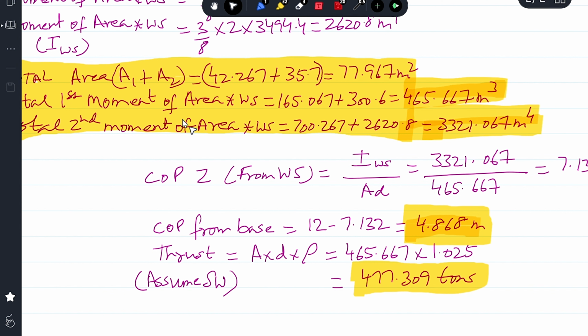So first moment of area about water surface is nothing but A into D, which is here 465.667 total. So I don't have to calculate D separately. I don't have to calculate A separately because I'm getting the first moment of area. Use that.